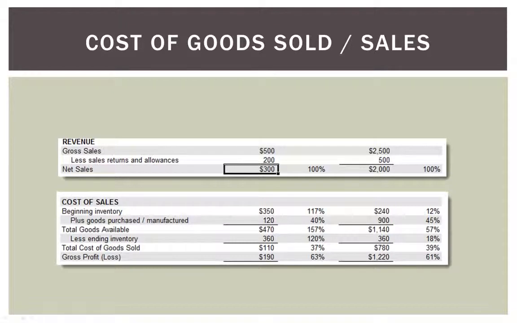And over the course of the month, the total cost of the goods sold was $110,000. If you notice, our profit is our $300,000 in net sales above minus the $110,000 cost of the goods we sold, and that left us with a $190,000 gross profit for the month at the bottom.